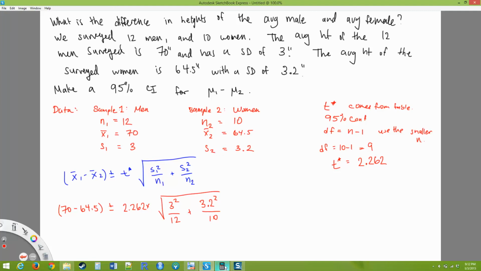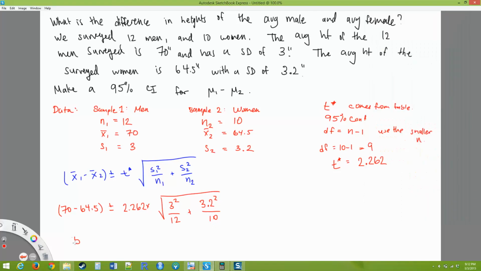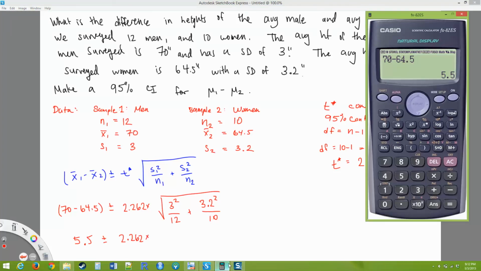Okay, so what's 70 minus 64.5? 5.5, right? So this part over here becomes 5.5. And I have plus or minus 2.262 times this thing over here. So I'm going to do 3 squared over 12 plus 3.2 squared divided by 10.